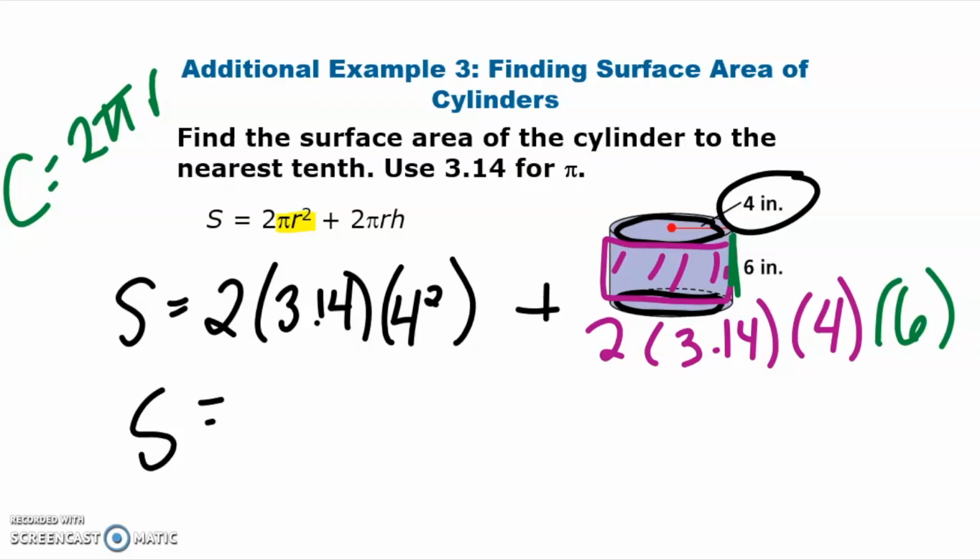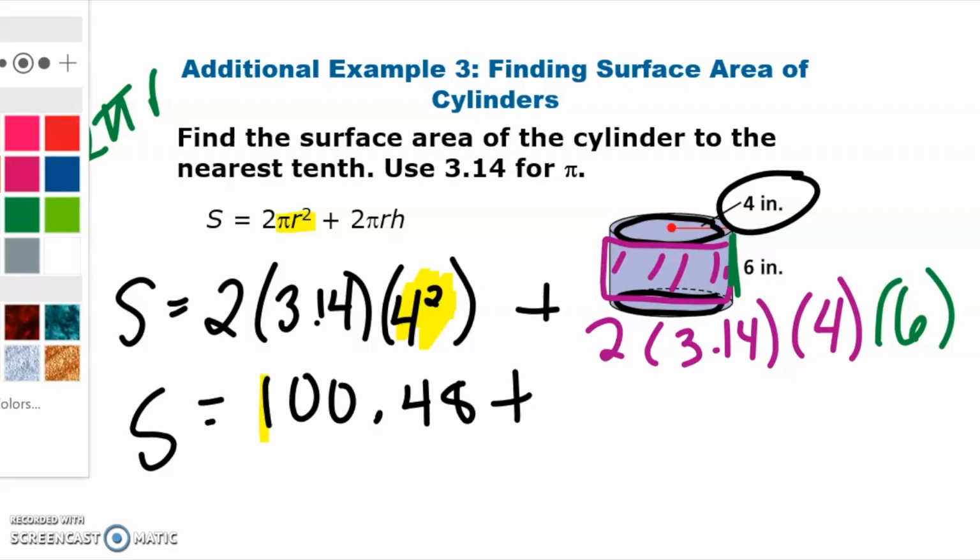So now we can go ahead and grab our calculator to help us with the arithmetic, because the numbers are going to get a little bit tricky here. Don't forget, when you're typing this into your calculator, make sure you do that exponent first. So you should be typing in 4 squared times 3.14 times 2. You can do all of that multiplication in one step. Then we end up with 100.48, plus, now we're looking at that lateral area.